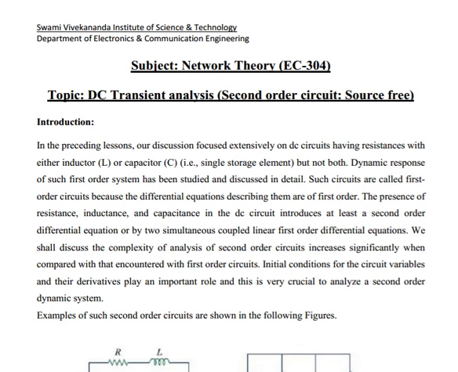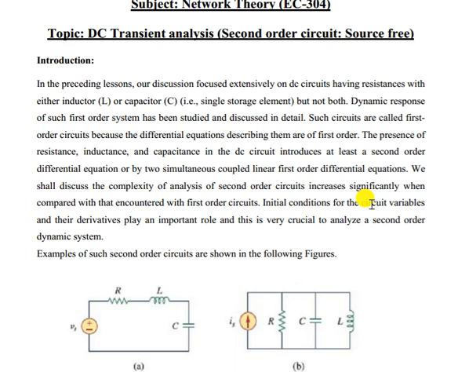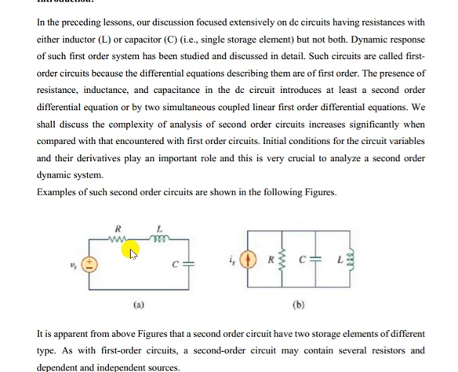Now let us see what will happen if we have an RLC circuit. Suppose we have an RLC circuit that can be connected either in series with a voltage source, or it can be connected in parallel with a voltage or current source.